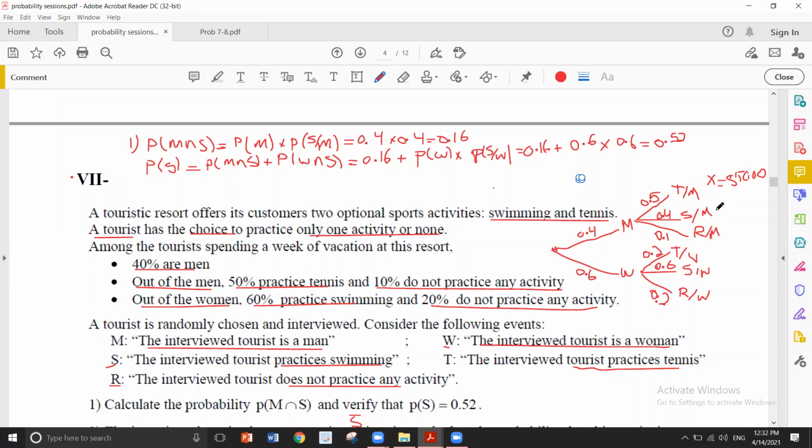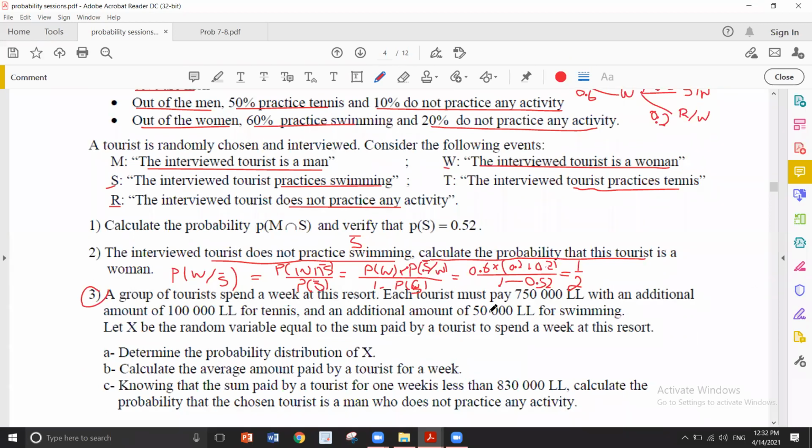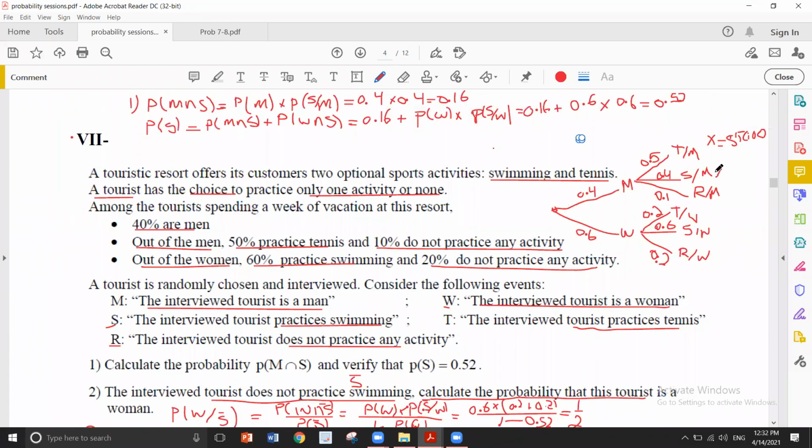Now, if he practices swimming, how much will he pay? 50,000, so 800,000. Here X equals 750,000 if he practices nothing. The woman is the same.